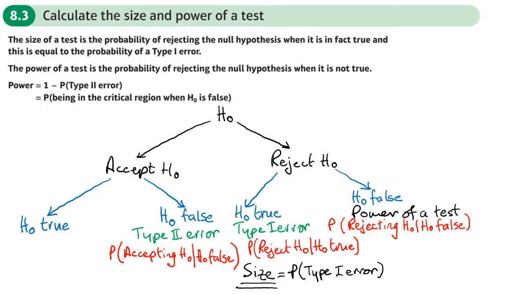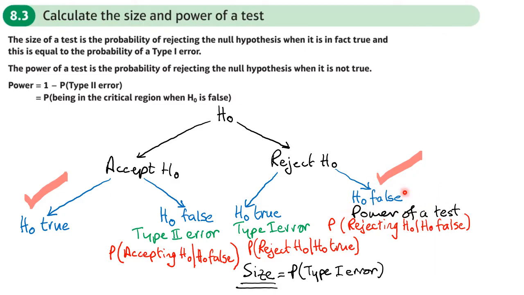Now the bits of this tree diagram that we want to end up on really are either here, accepting when H0 is true, or here, rejecting where H0 is false. These other bits, we want these probabilities to be as low as possible, and we actually want these probabilities here, the power of a test, to be as high as possible.